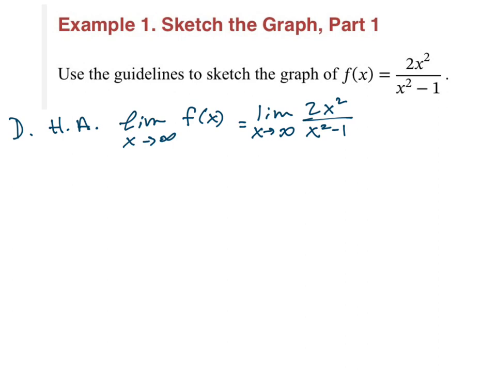We could plug in. We're indeterminate, infinity over infinity, so then do something. You could do something algebraically, or you could use L'Hopital. L'Hopital is good. Can't we only do that if we have to? We could use L'Hopital here. We could go forward and find this limit.